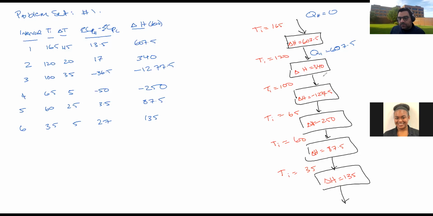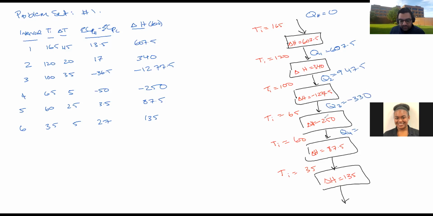This is Q1. Q2 here will be 607.5 plus 340. This is 947.5. Q3 here is 947.5 minus 1277.5. This is minus 330.